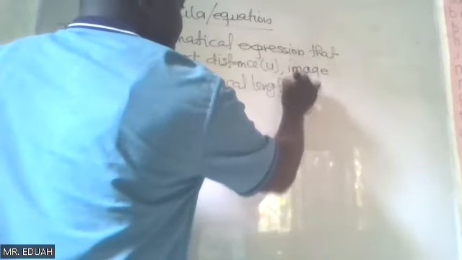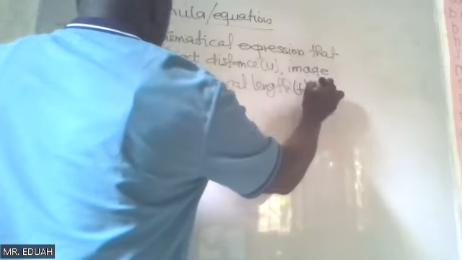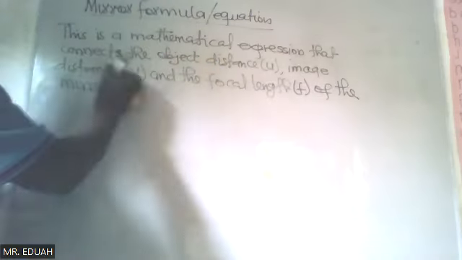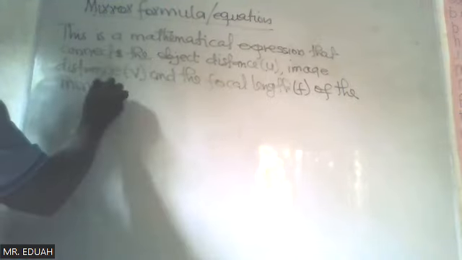So this is a mathematical expression that relates the object distance U, the image distance V, and the focal length F of the mirror.